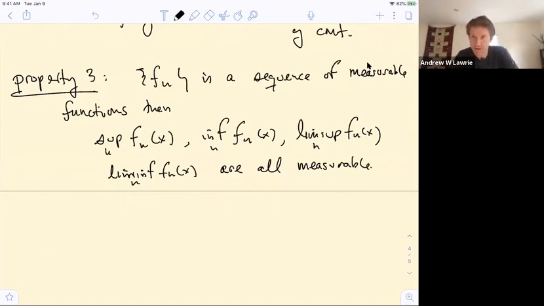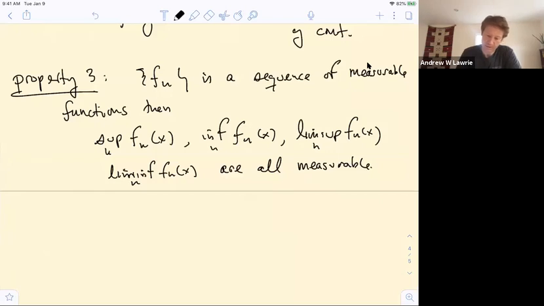So if you have a sequence of functions, you can define a new function by just taking the pointwise sup. I'm looking at each of the fn x's, taking the sup over all n of those numbers and defining a new function like that. That yields a measurable function.